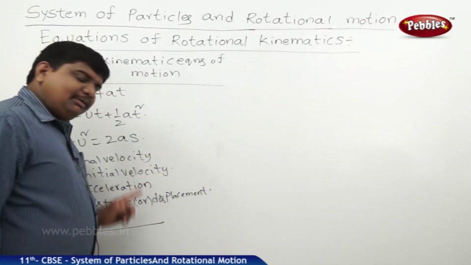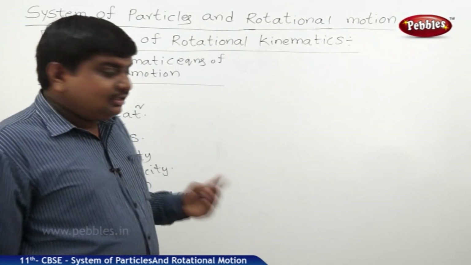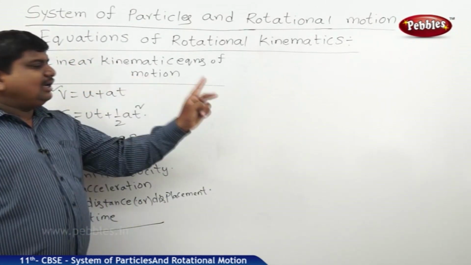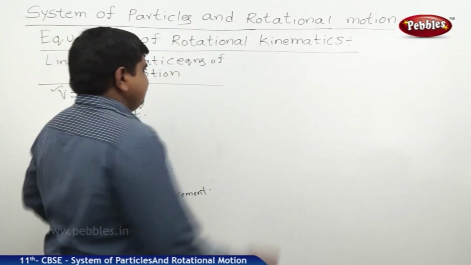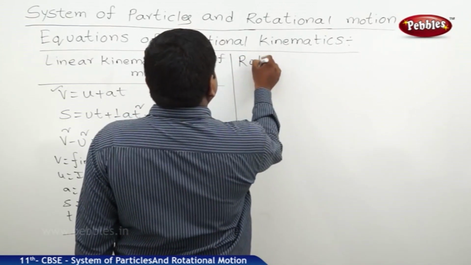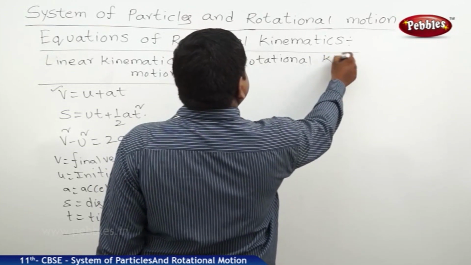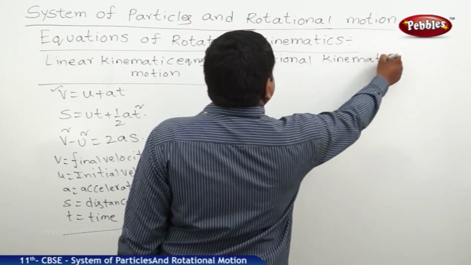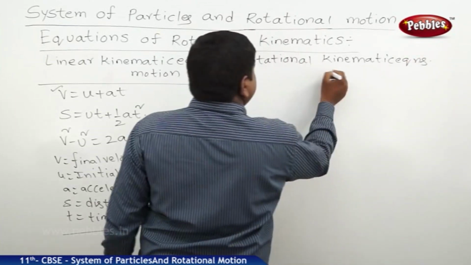When these linear kinematic variables are replaced by angular kinematic variables, it is called the angular kinematic equations of motion. That is nothing but the rotational kinematic equations of motion.